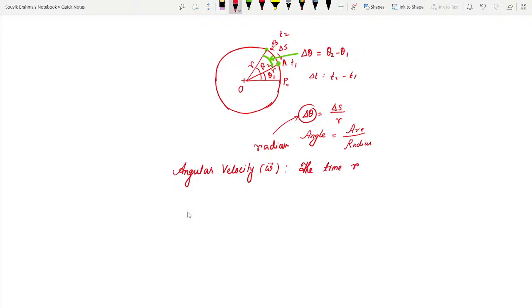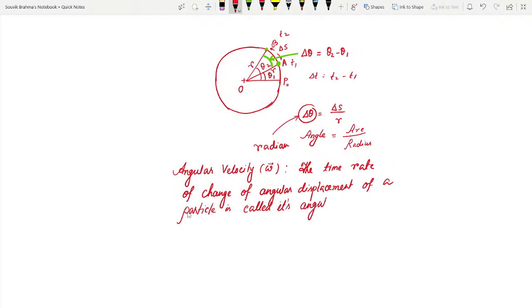So the time rate of change of angular displacement of a particle is called its angular velocity.